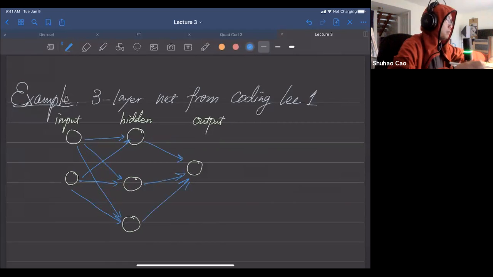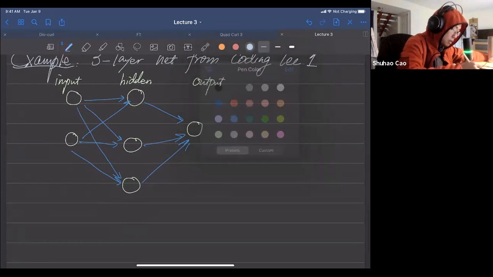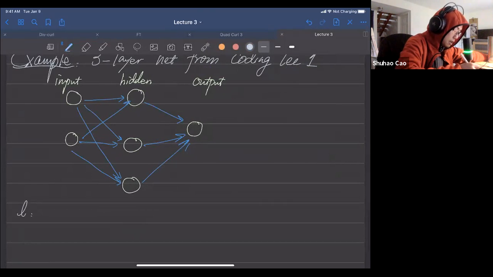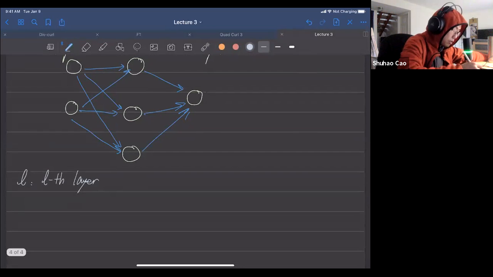So if we review the vectorized notation, L is like the L-th layer, and for our activation function, sigma, let's use F. So F is our activation function.